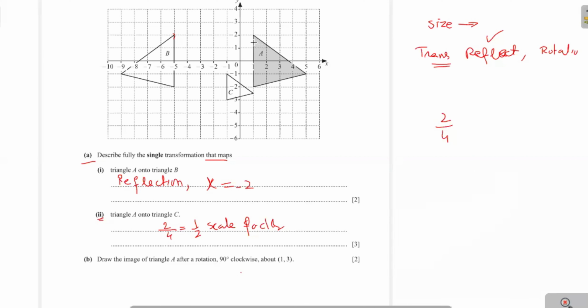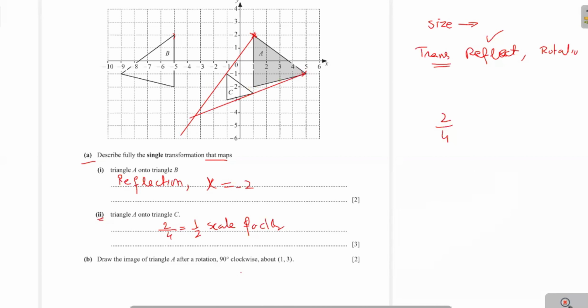To get the center of enlargement, we will join the object points and the corresponding image points. After joining these 2 points, we get a line, and next we will join another object and corresponding image point, and we get a line.